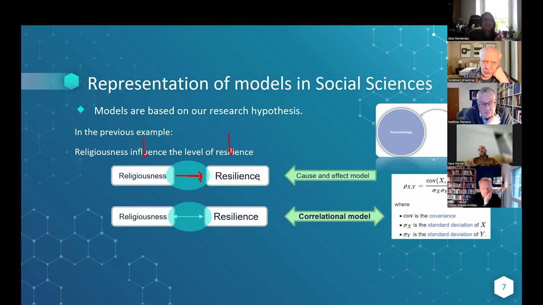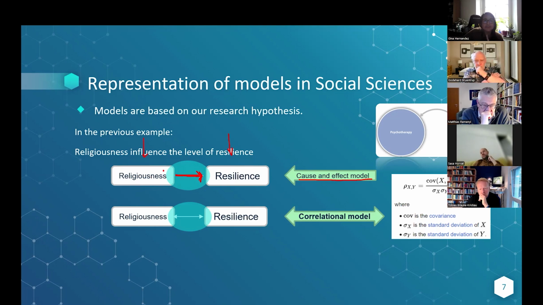This model is discussing a cause and effect relationship. Because the arrow is in this direction, it is saying that religiousness will influence resilience and not the other way around, because the arrow doesn't go two ways.